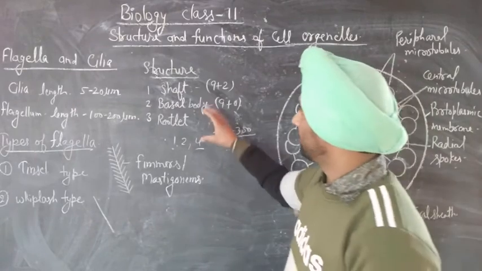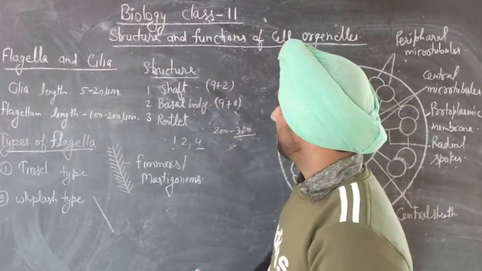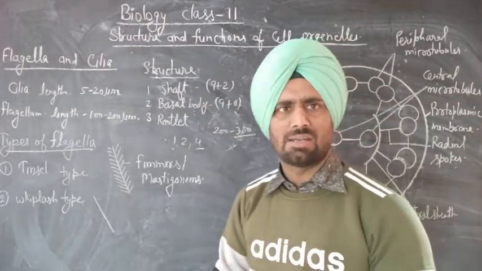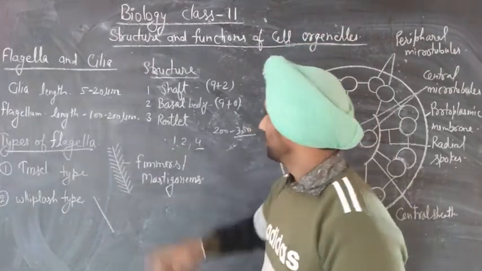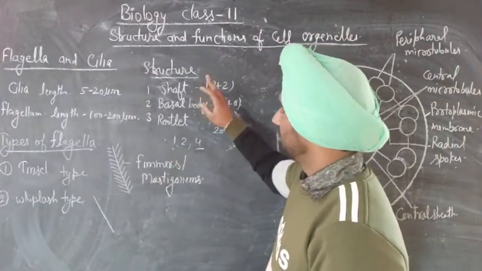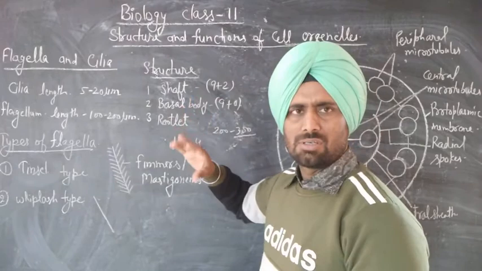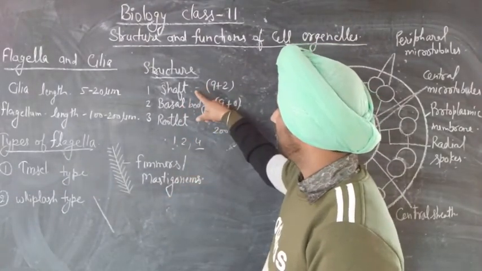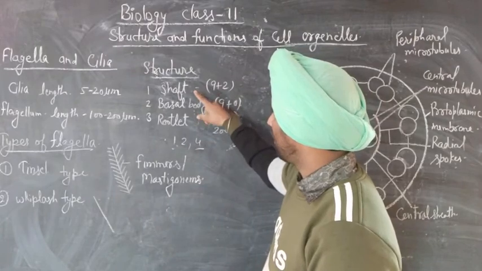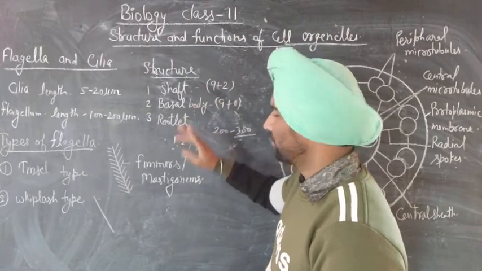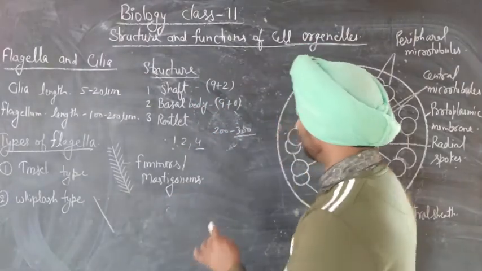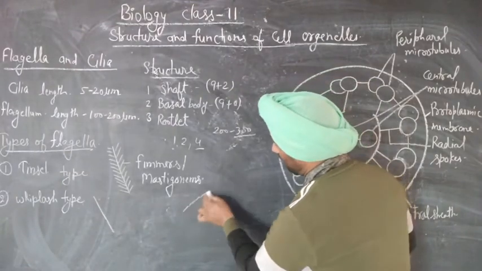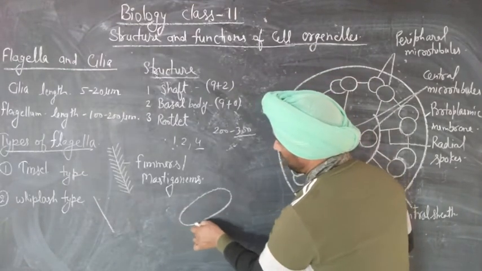Now the structure of cilia or flagella. Basically, they are similar in structure. They have a cylindrical structure which is surrounded by a membrane, and it is divided into 3 parts: shaft, basal body and rootlets. Any organism that has flagellum or cilium has them.